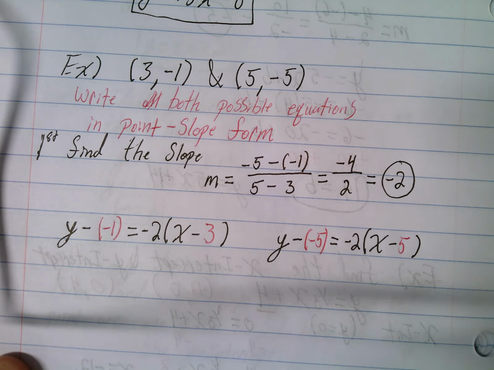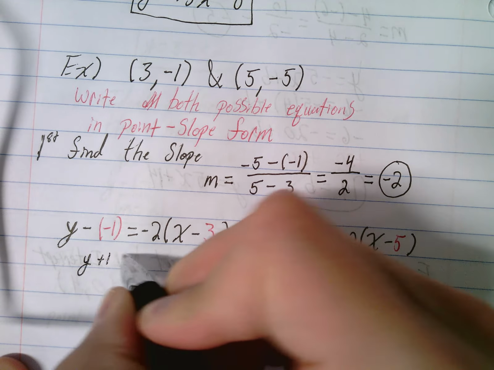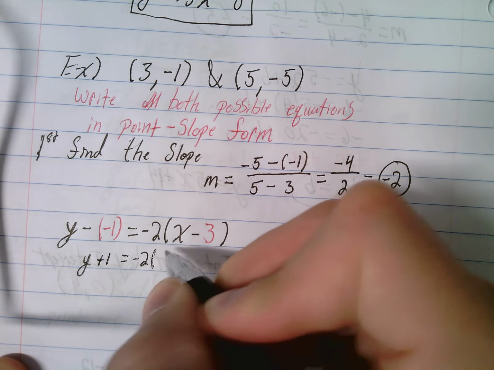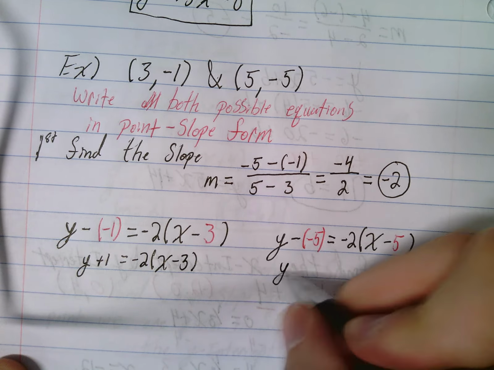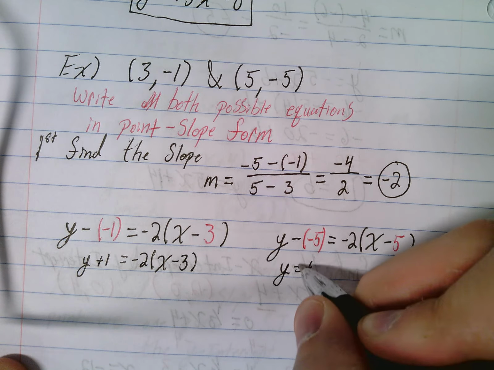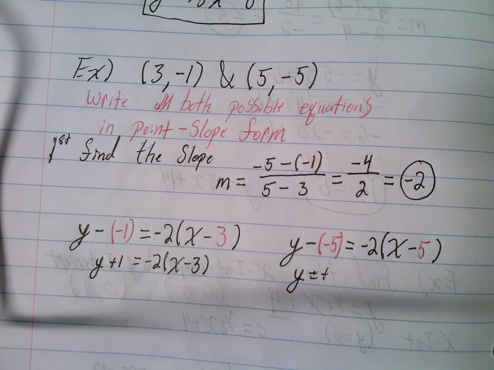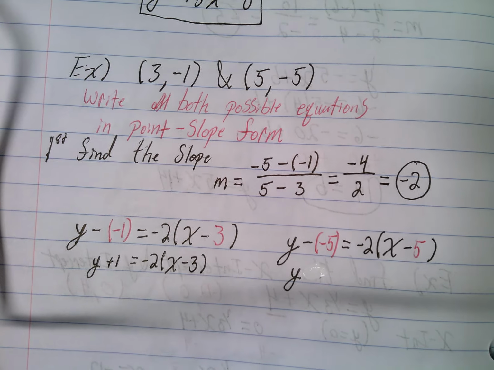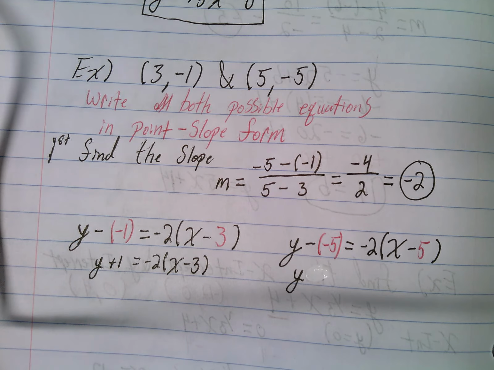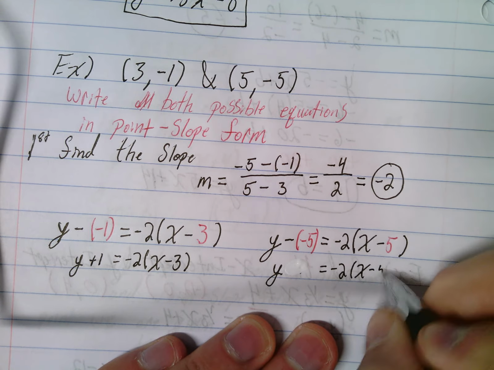And I'm just going to simplify them down just so we can get rid of the double negatives. Y plus 1 is equal to -2x minus 3, which is actually the same thing as y plus 5 is equal to -2x minus 5.